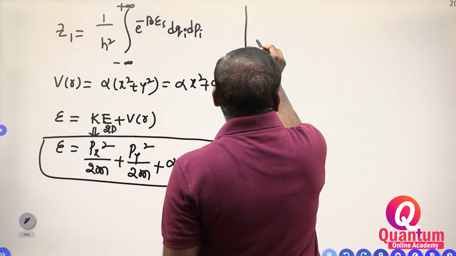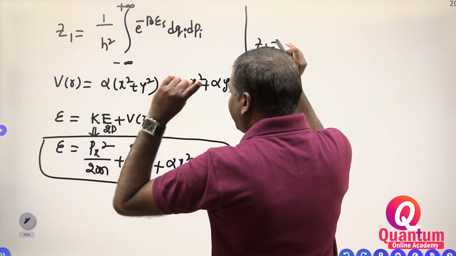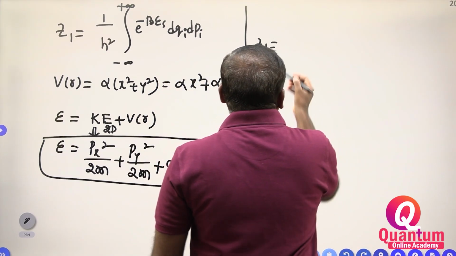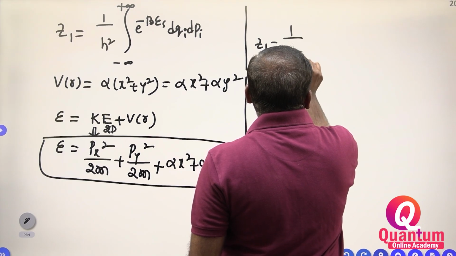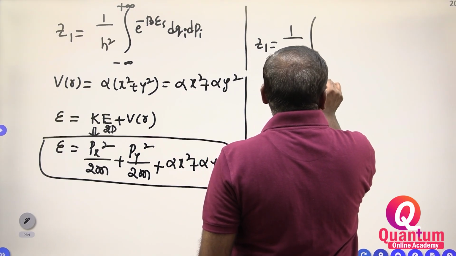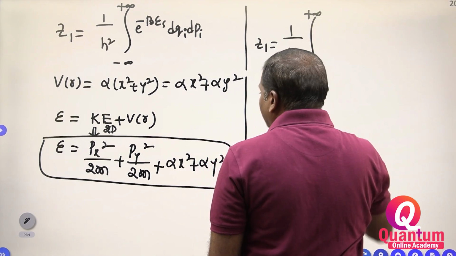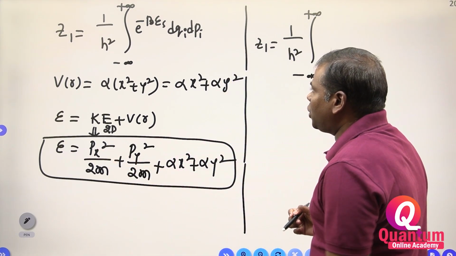Once we see, first Z1 for one particle I am considering. 1 by h square into integral minus infinity to plus infinity. How do we write it?